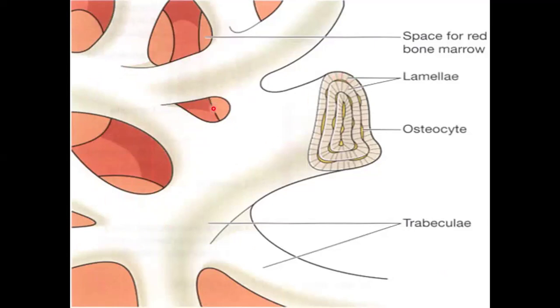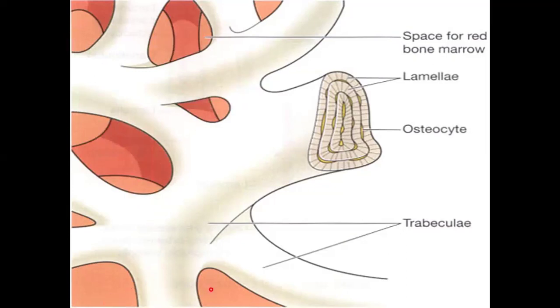Now, these spongy spaces are essential because that's where bone marrow fits or accumulates. Bone marrow, like we were saying, is of two types, red and yellow. In young bones, it is red marrow which will occupy this space, that space, that space.